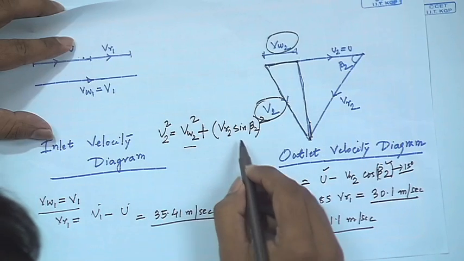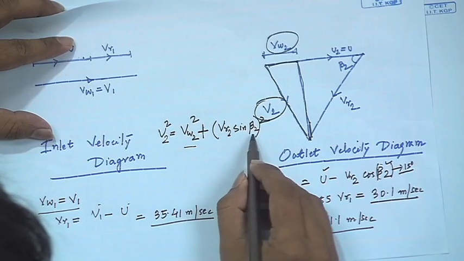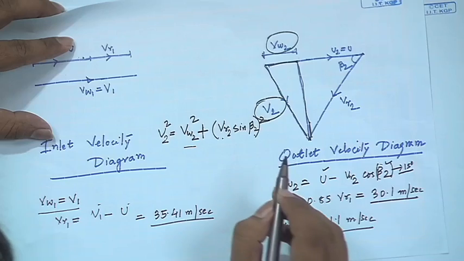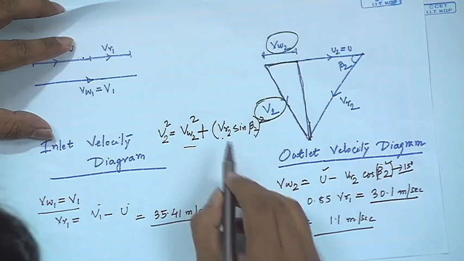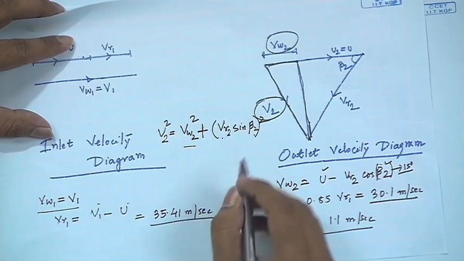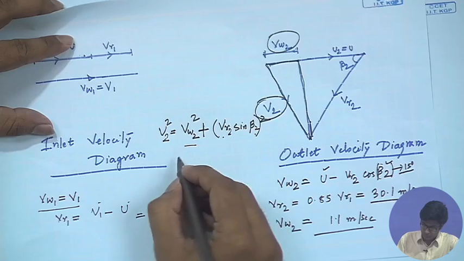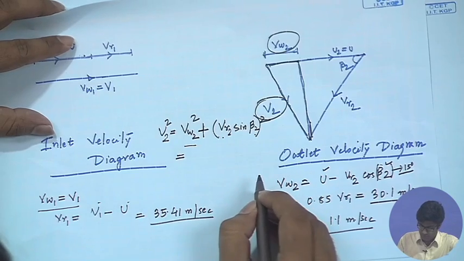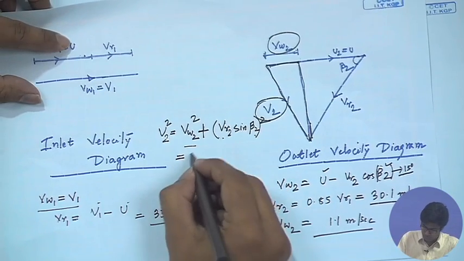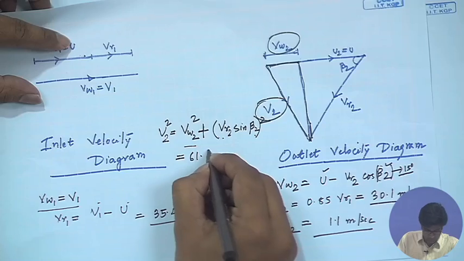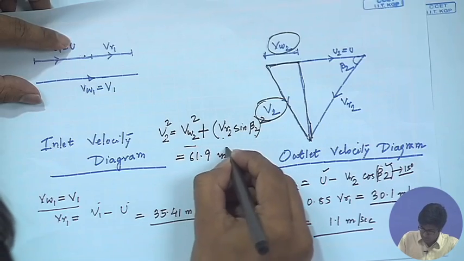We know the tangential velocity at the outlet, we know VR2, and we know beta 2. So, substituting the values, we get the value of V2 square as 61.9 meter square per second square.